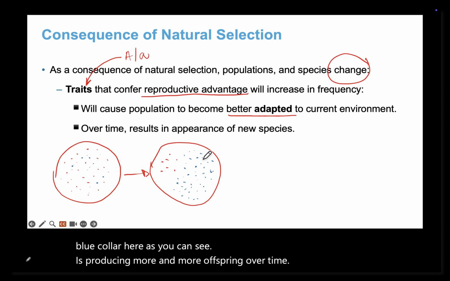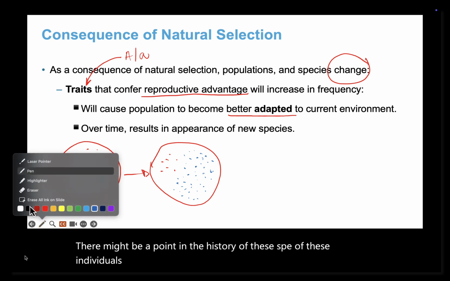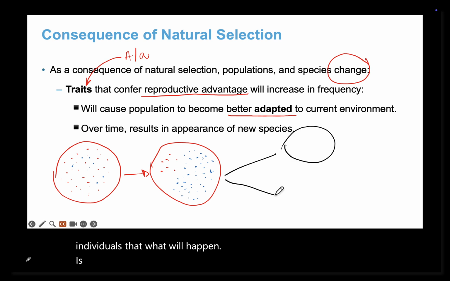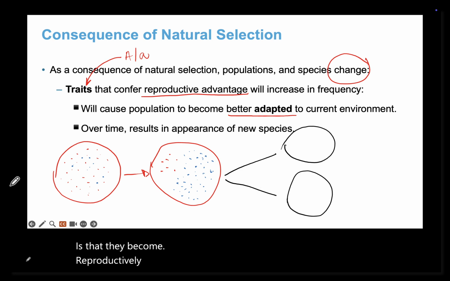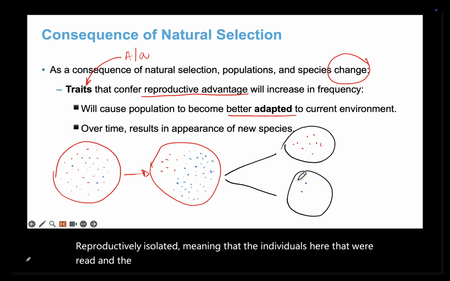There might be a point in the history of these individuals where they become reproductively isolated, meaning that the individuals here that were red and the individuals that were blue no longer can mate.